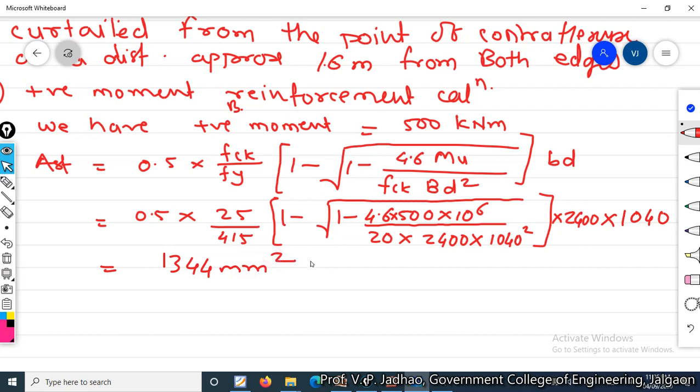This is less than AST minimum, which we have already calculated. This AST minimum was 3168 mm square.